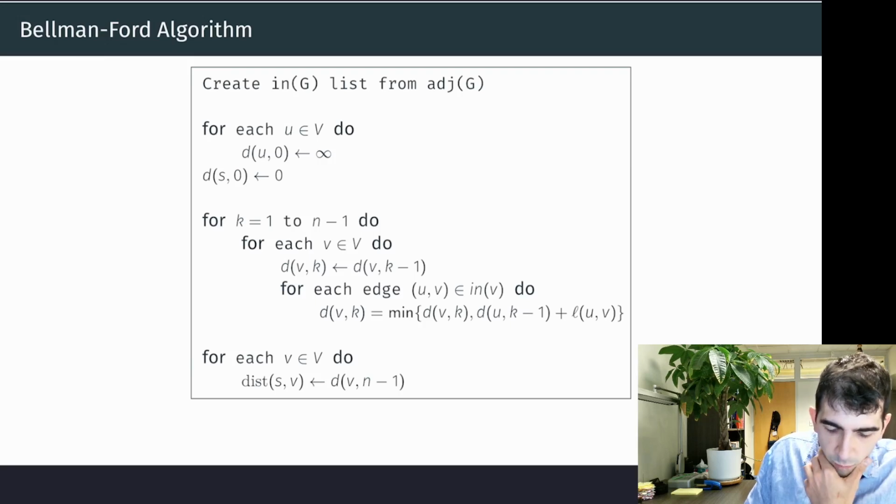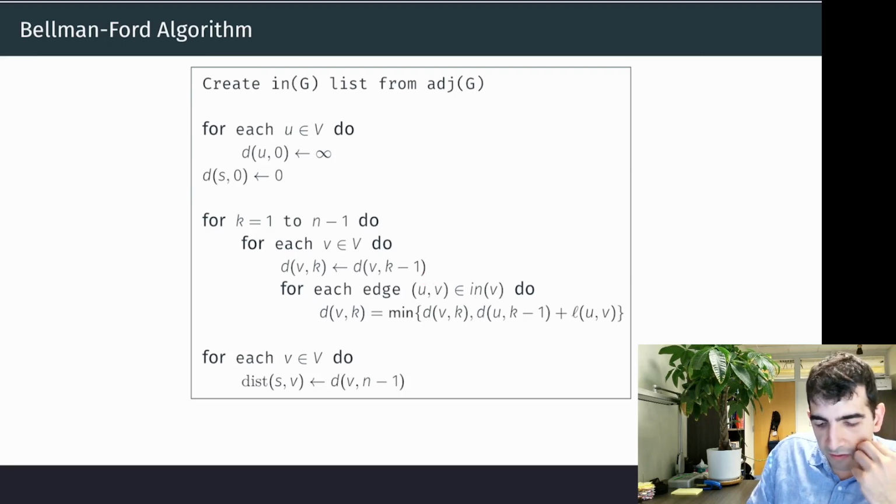And then we do the same thing as before. We say that the shortest distance using k hops is either equal to the shortest distance using k minus 1 hops, or, for every vertex in the graph, but we don't need to look at every vertex, we can just look at the edges going into a particular vertex.